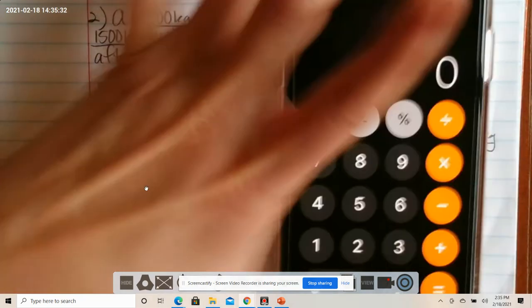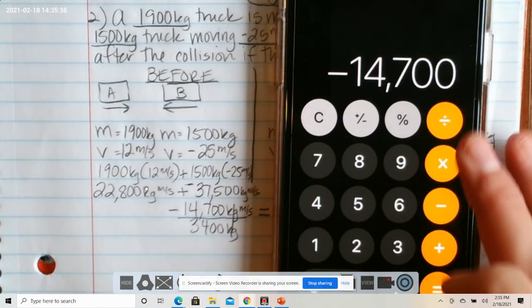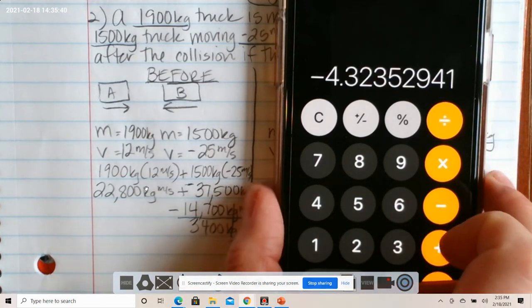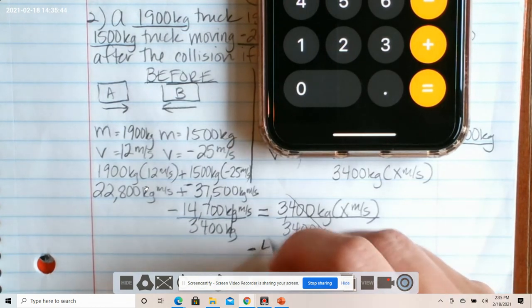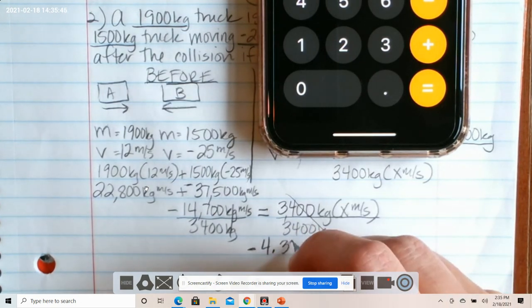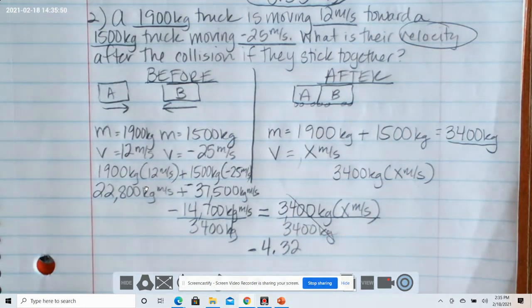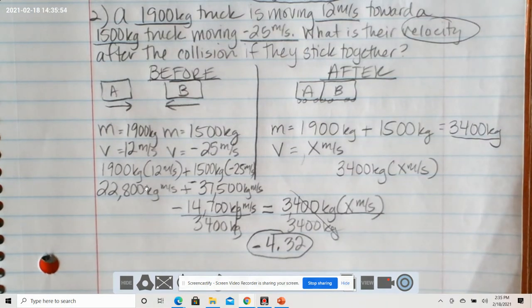So I've got negative 14,700, don't forget that. Dividing that by 3,400 equals negative 4.32. That's as far out as I'll go. I could go one more digit, but I'm going to stop right there because that's a nice number to deal with. So that's a negative number.